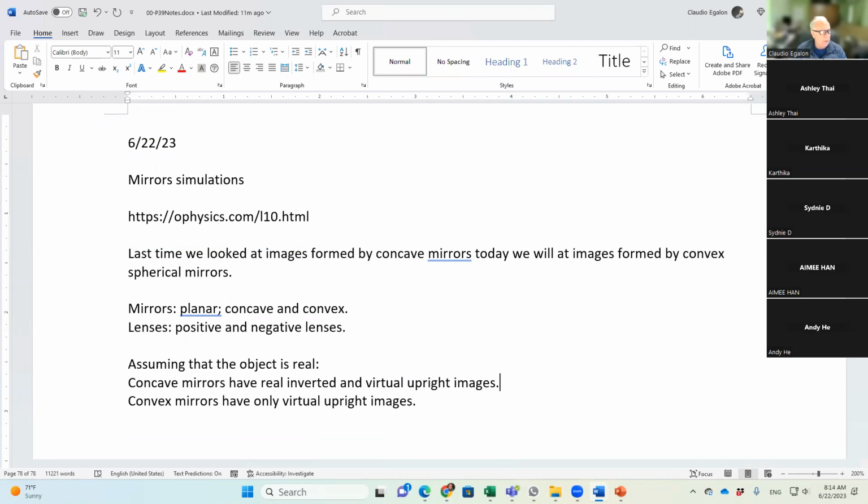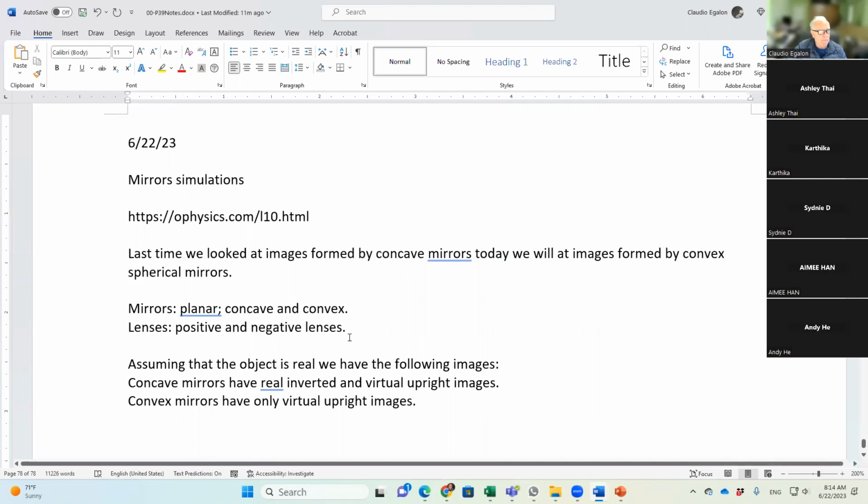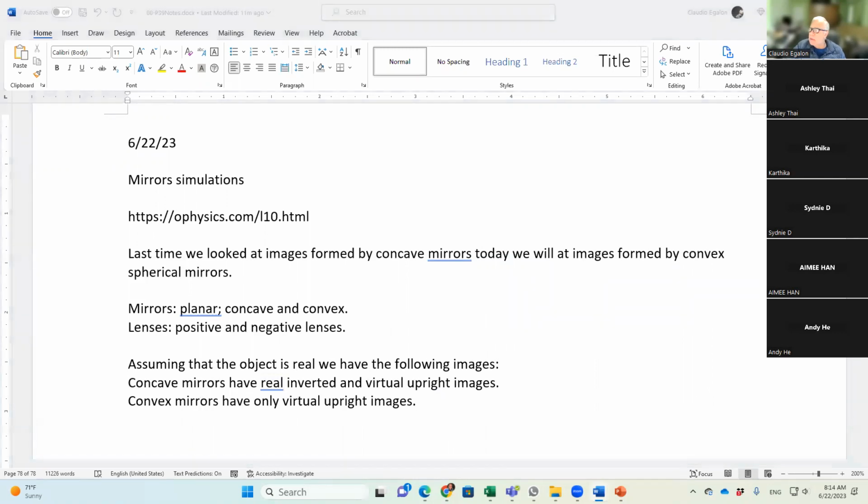Assuming that the object is real, we have the following images. Concave mirrors have real inverted and virtual upright images. Convex mirrors have only virtual upright images.